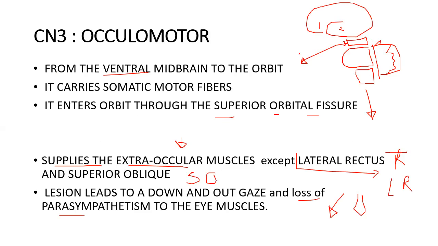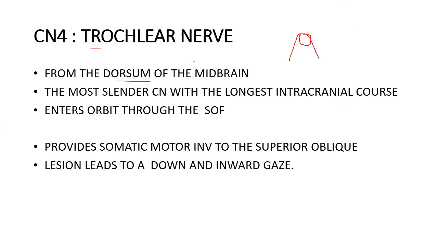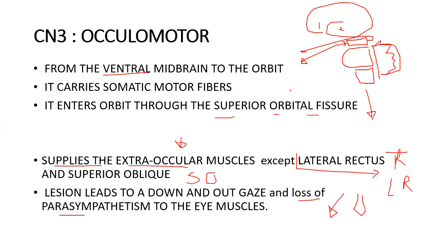And then it winds and starts moving forward. By that fact, it has the fewest axons, so it is the most slender cranial nerve, with the longest intracranial course. I want you to get this word, intracranial: within the cranium, this is the nerve that has the longest course.